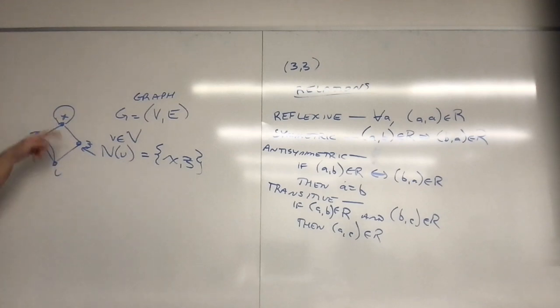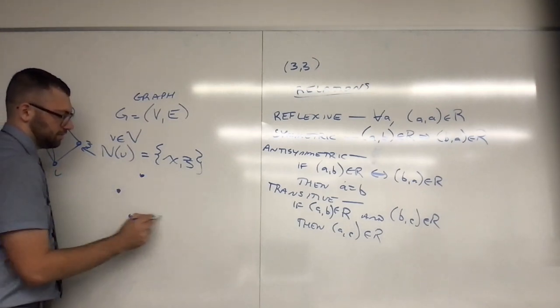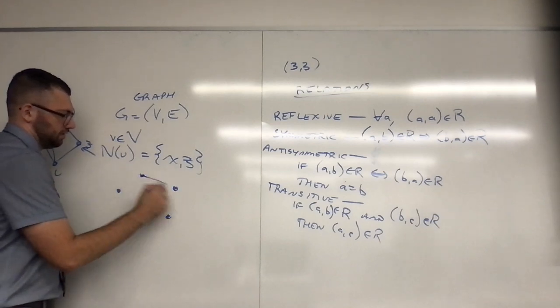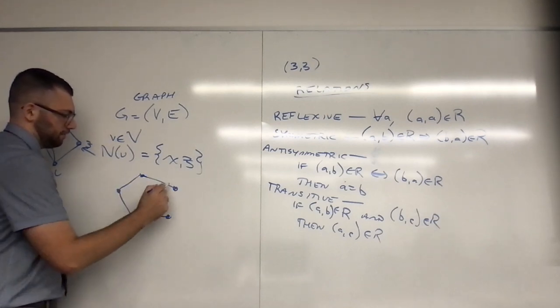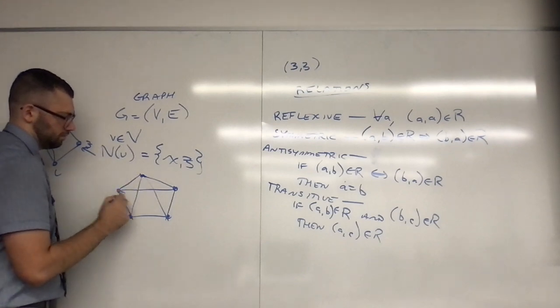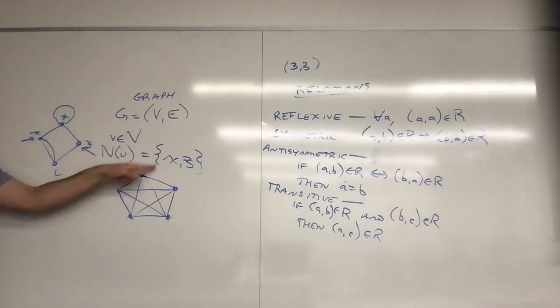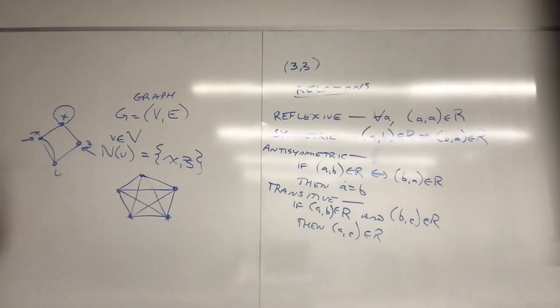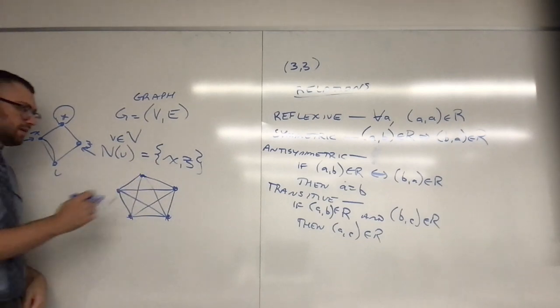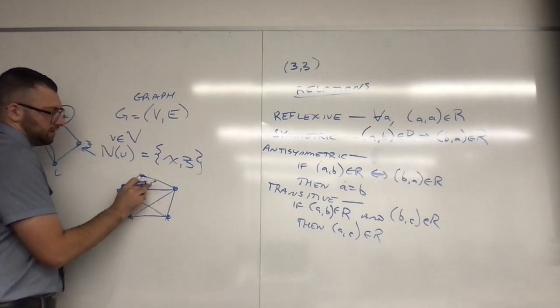This is not regular. For an example, this graph is regular. Each vertex has 4 things coming out of it. There's other examples, right? So I could get rid of some of them.